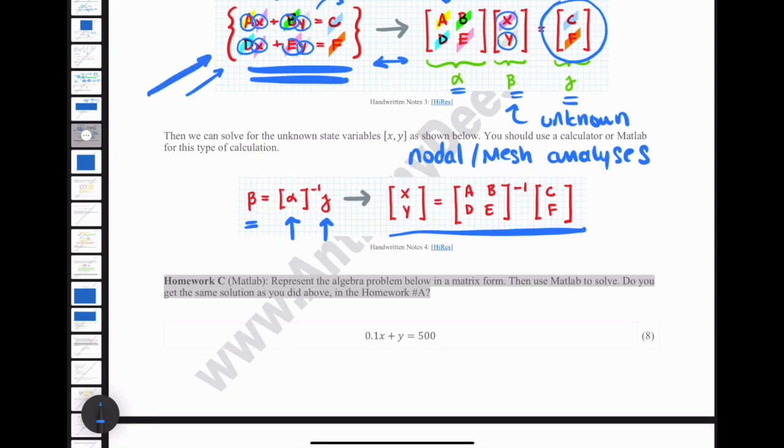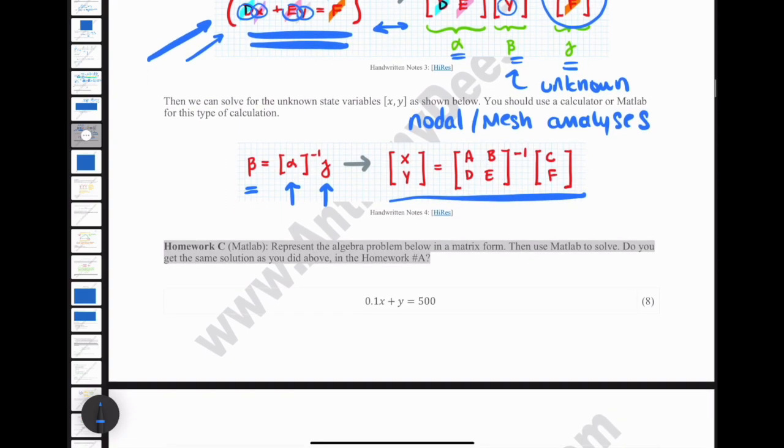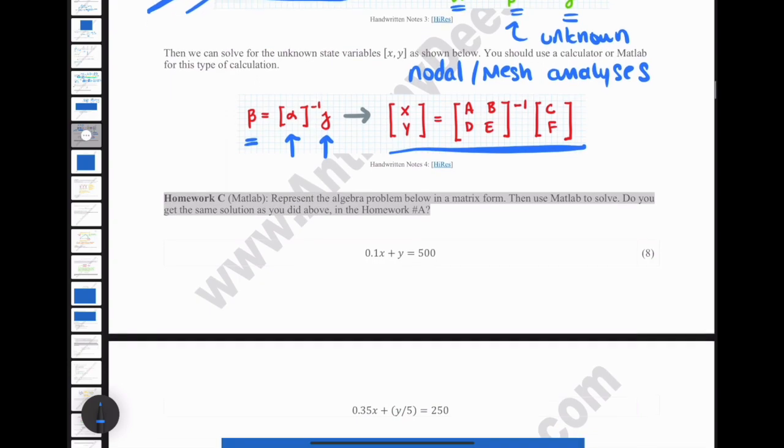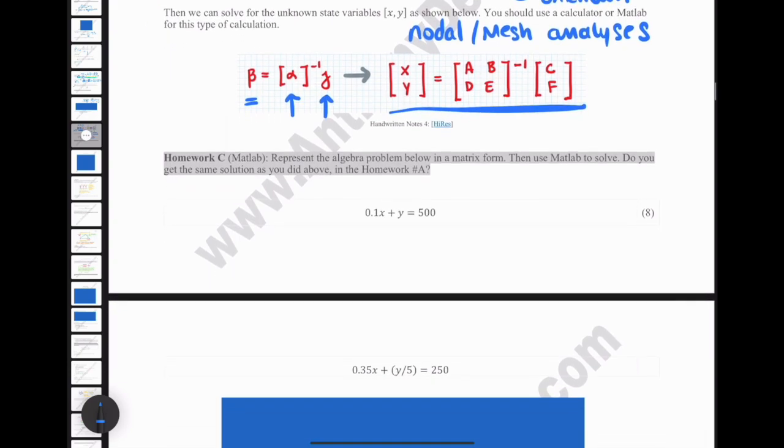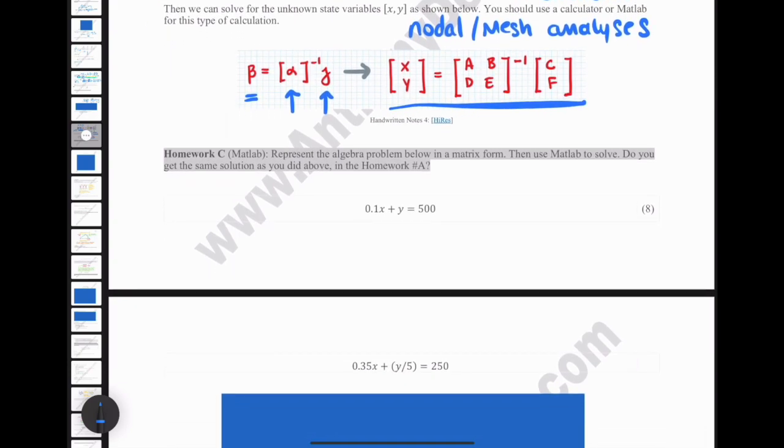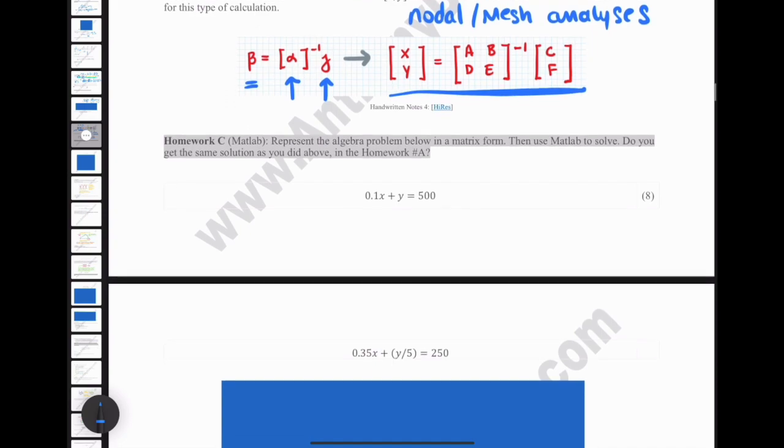this up here. We have another homework: represent the algebraic problem below in a matrix form, then use MATLAB to solve. Do you get the same solution as you did above in the first homework? So this is the same problem that we already addressed above. The only difference is we have to put it into a linear algebraic form.